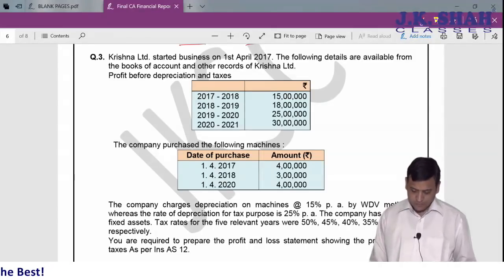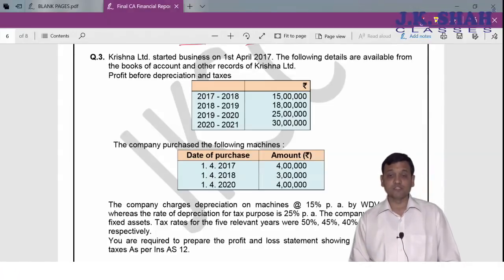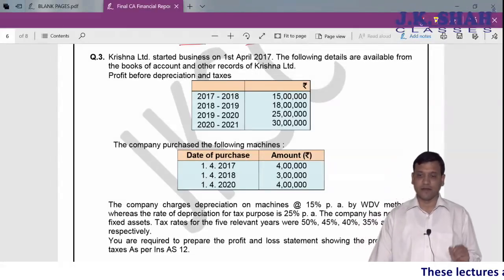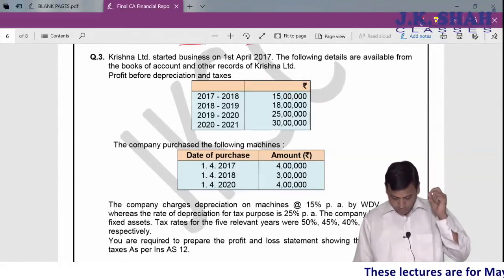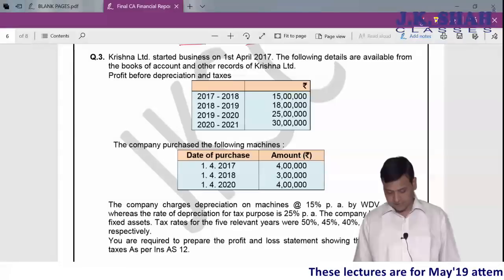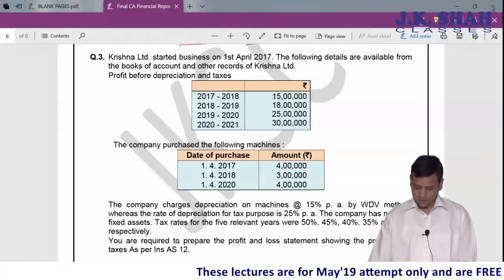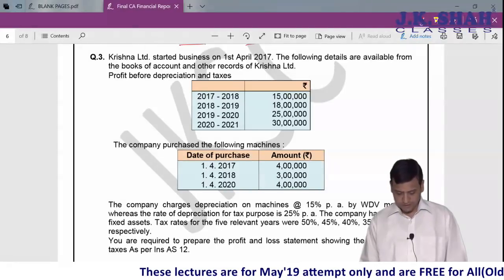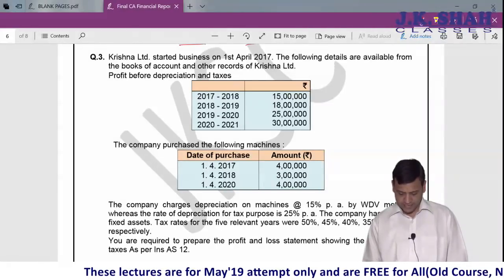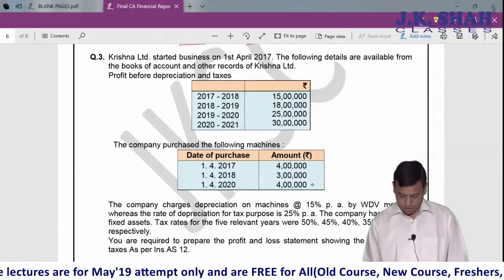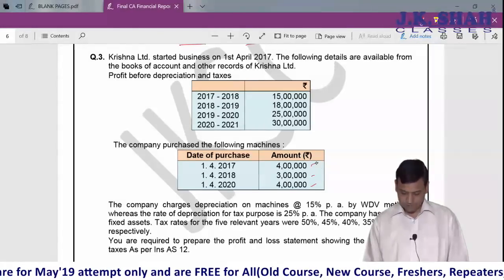Krishna Limited started business on 1st April. The following details are available from the books of accounts and other records of Krishna Limited. Profit before depreciation and tax: 15, 18, 25 and 30. The company purchased the following machines: on 1/4/17 4 lakh, on 1/4/18 3 lakhs, on 1/4/2020 4 lakhs.